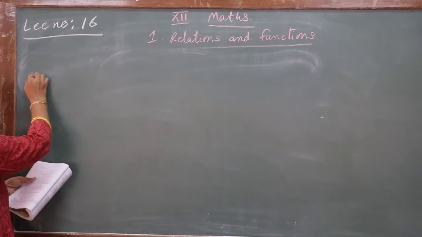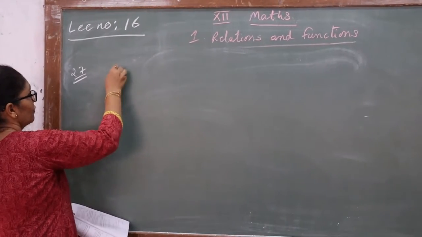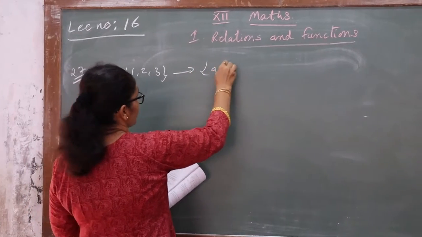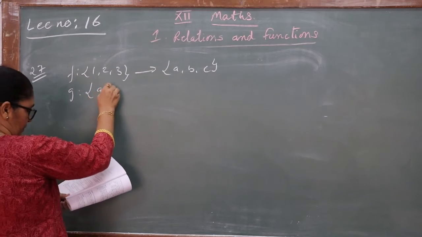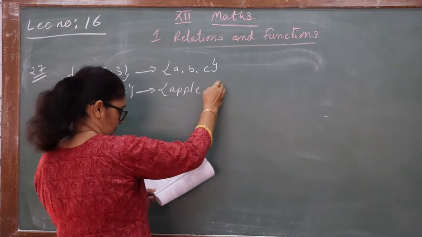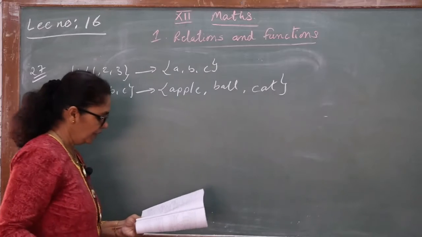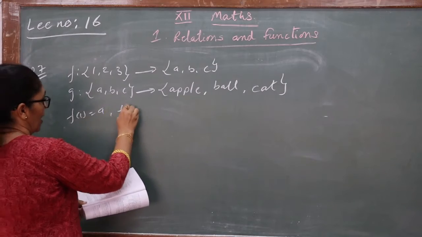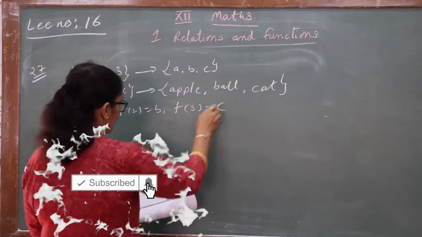Now check your 27th question. We are given a function f from {1, 2, 3} to {a, b, c}, and another function g from {a, b, c} to {apple, ball, cat}. The function is defined as f(1) = a, f(2) = b, f(3) = c.